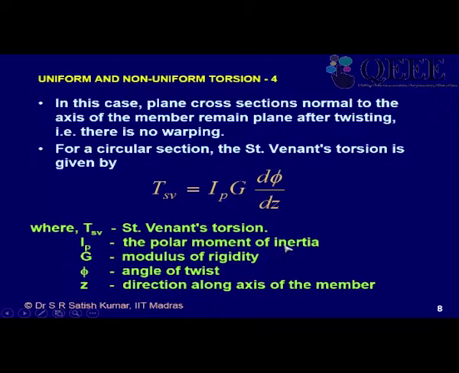You know that by the perpendicular axis theorem, Ixx plus Iyy will be given as Izz, which is the polar moment of inertia. In this case, it's IP, into d phi by dz, where phi is the angle of twist and z is the length along the axis of the member. Okay, so this is the equation. So that is what we are getting in pure torsion.